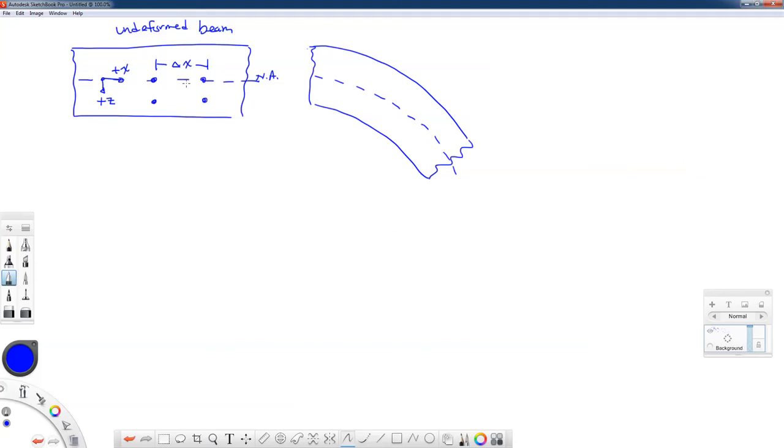But the second set of points down here, a little bit lower, are on the positive z side of the axis, and they're at an arbitrary z distance that lies through the depth of this cross-section. We can imagine some bending moment applied to this that bends this beam downward, and it turns into a section of a circular arc. So there's some radius of curvature here.